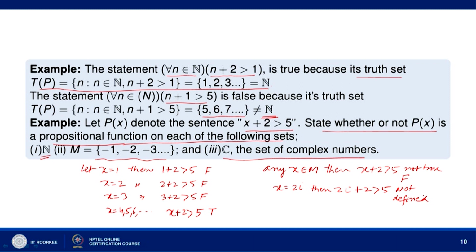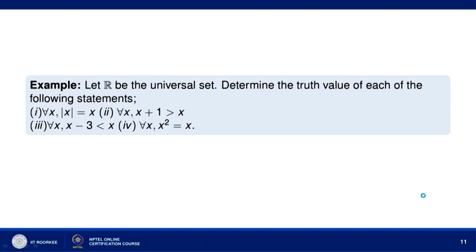Let us take an example. Let R be the universal set, the set of all real numbers. Then determine the truth value of each of the following statements. First statement: for every x, mod of x equal to x.